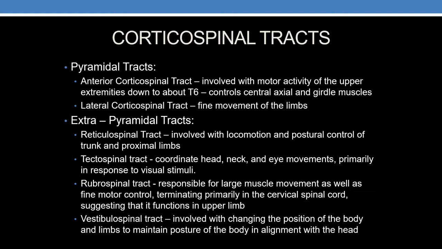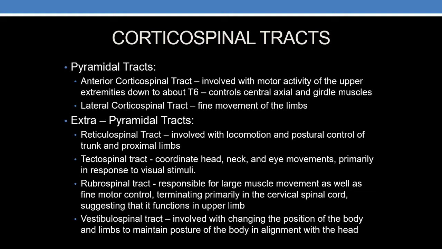The rubrospinal tracts are responsible for large muscle movements as well as fine motor control. The rubrospinal tract terminates primarily in the cervical spinal cord. That suggests that it functions probably mostly in the upper limb and is not involved with lower limb activities, but certainly injury to the rubrospinal tract could affect fine motor control of the upper extremities.